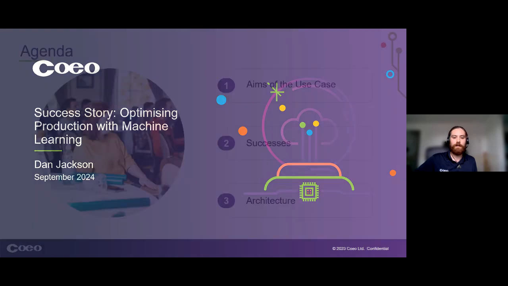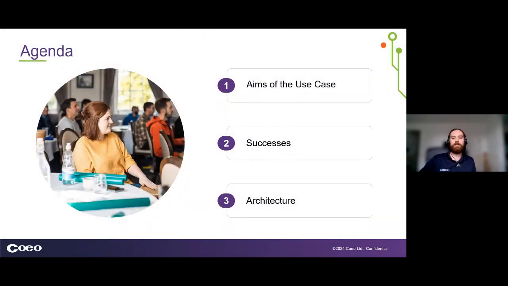So a bit of an agenda for you guys today, short and sweet. To start with, I'm going to go into the aims of the use case. So what we were trying to achieve, the brief that we got from the client.